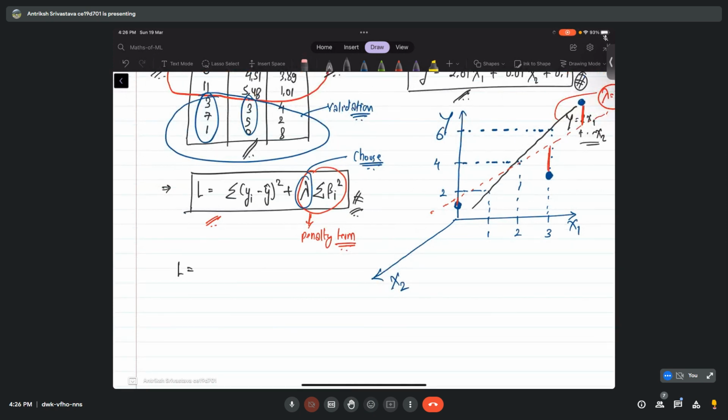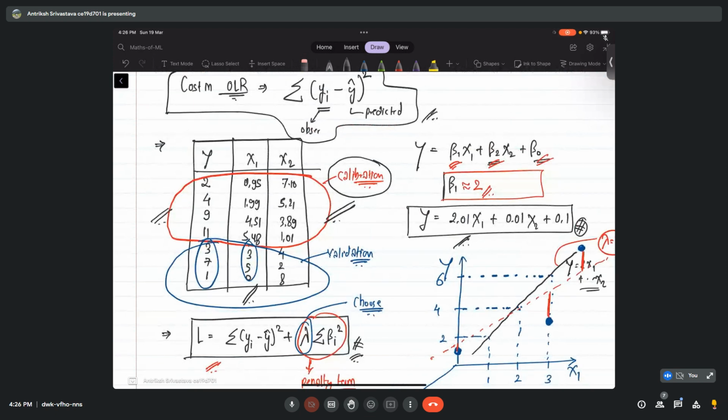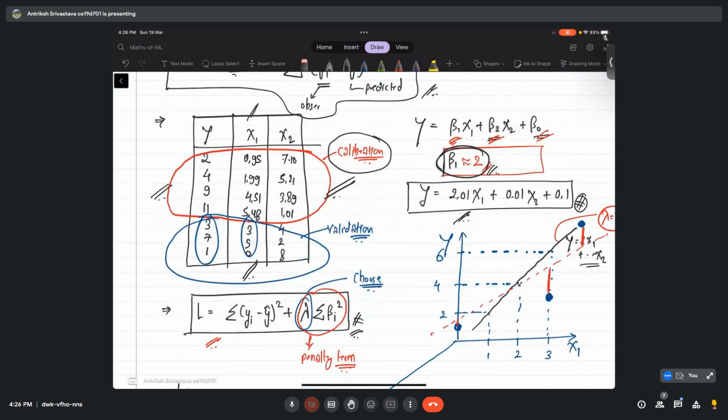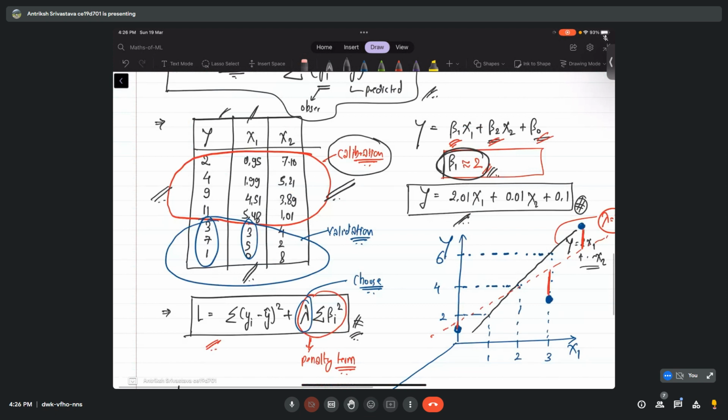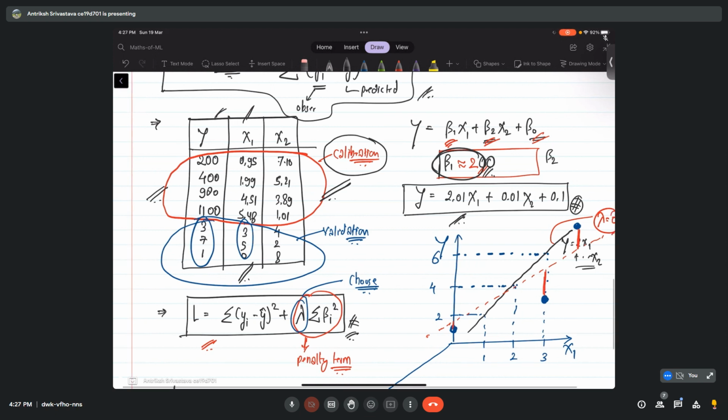Let's say instead of this beta 1 being 2 from this relation, if it was 200, if we had something like these values, then in that case you can imagine that our model will keep the beta close to 200, and beta 2 and beta naught are going to be comparatively negligible when it comes to the equation.